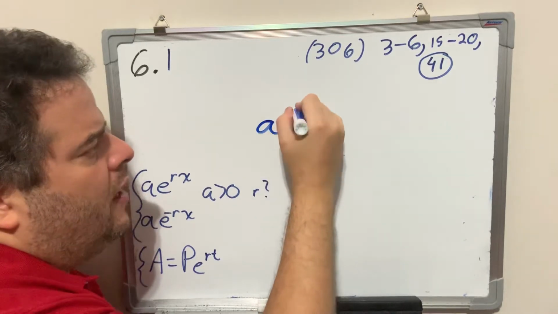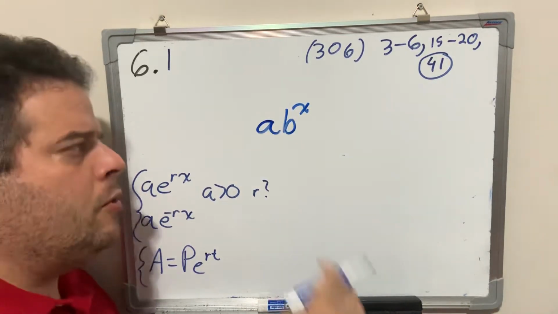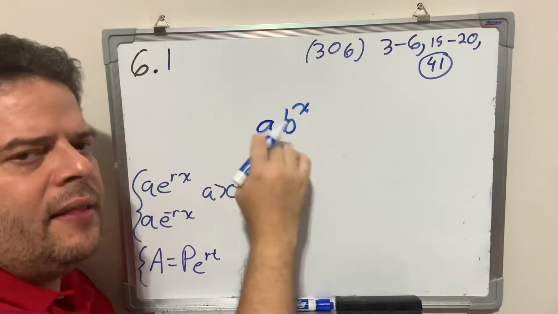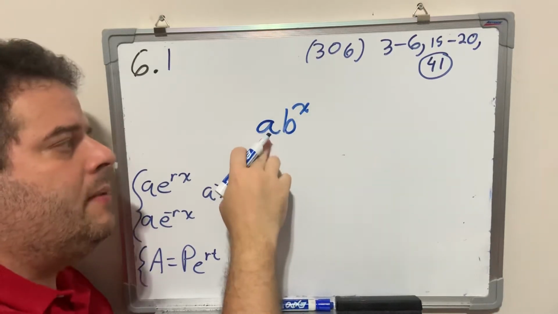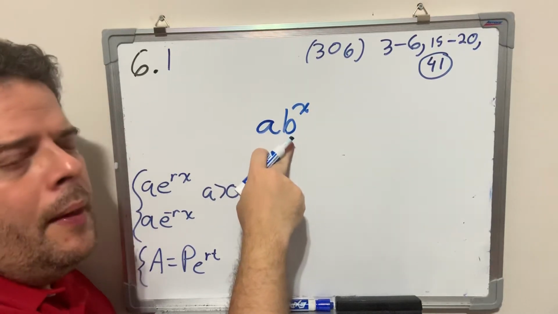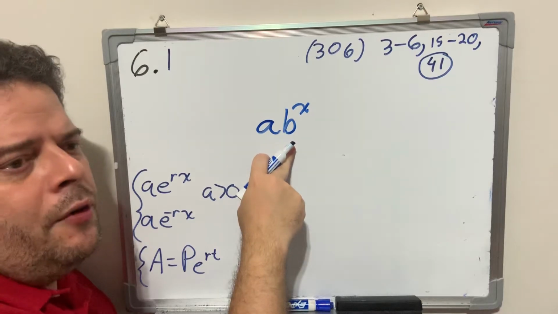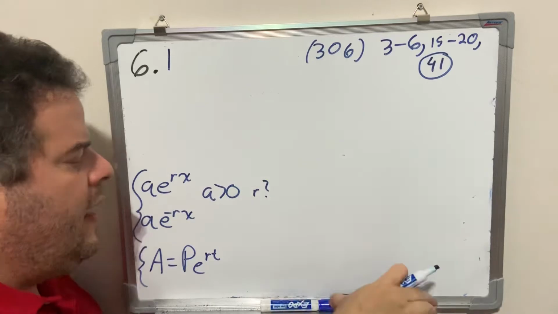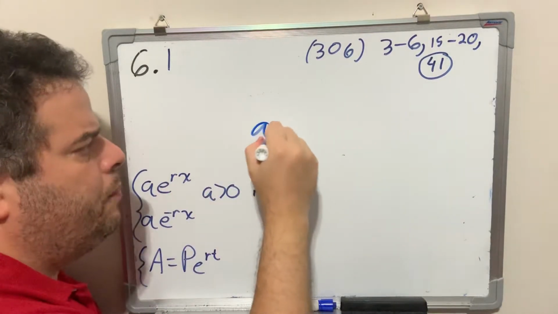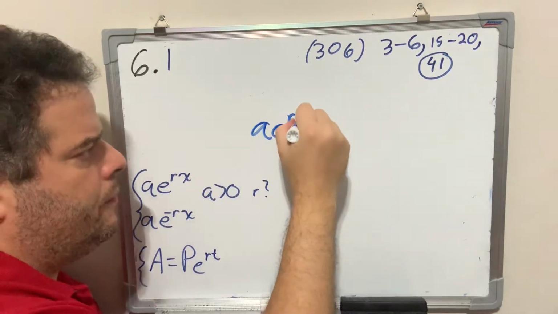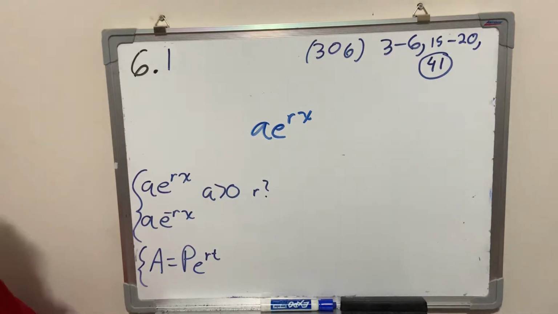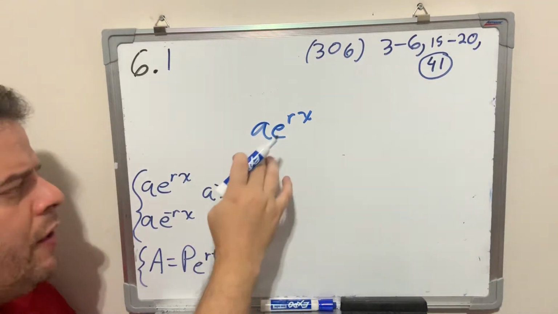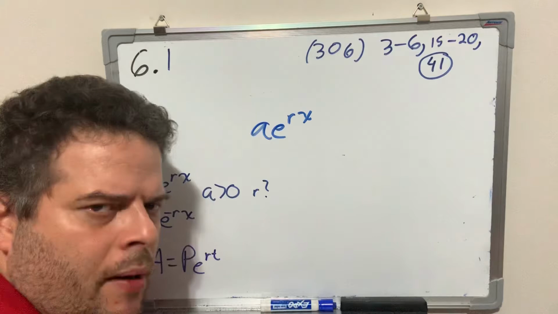Yesterday, we saw just normal exponential growth and exponential decay like this, right? A had to be positive, B had to be either greater than or less than 1, and that was pretty much it. Now, when you put A into the equation, it's also pretty straightforward. Your A always has to be positive.